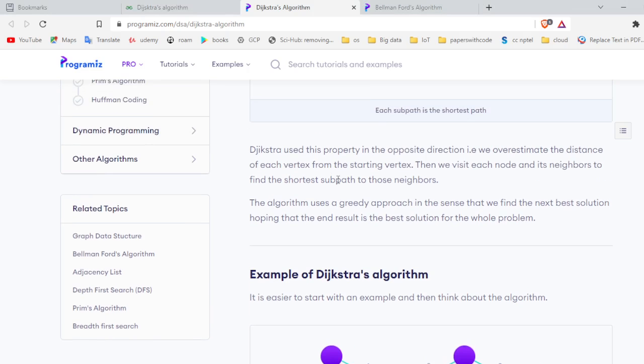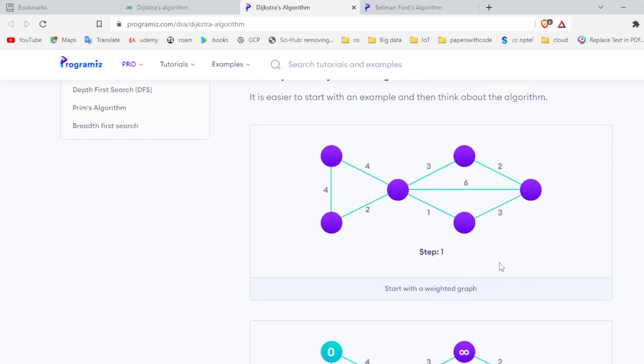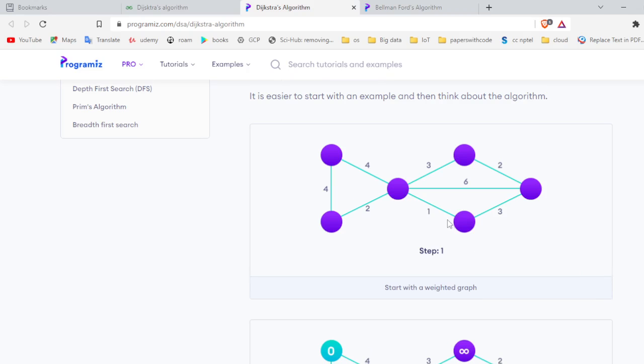So, Dijkstra uses the property in the opposite direction. For example, this is the implementation of Dijkstra's algorithm to identify the shortest path between two vertices. So this is the graph in which we are going to identify the shortest path between source and destination.